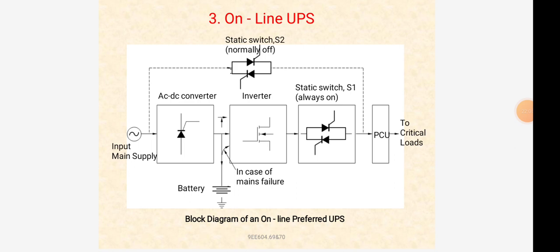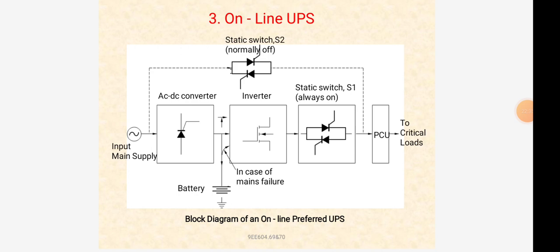Here we have the static switch S2, normally off, an AC to DC converter, an inverter, and static switch S1, which is always on, and it will also be connected to a battery. In case the mains fails, the battery will be connected, and finally the power will be sent to the PCU and to critical loads.